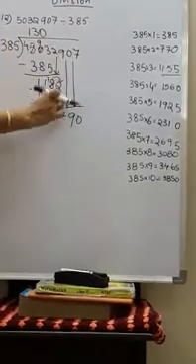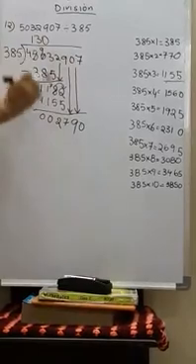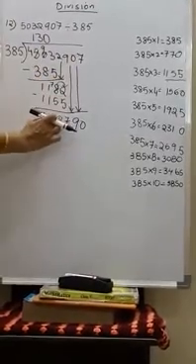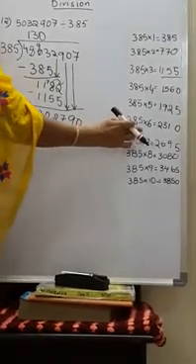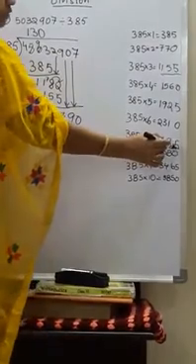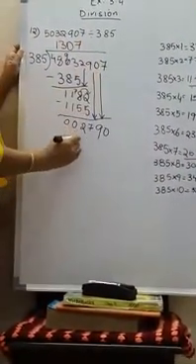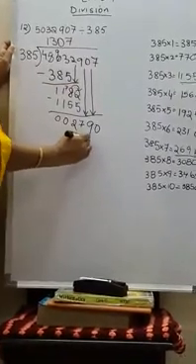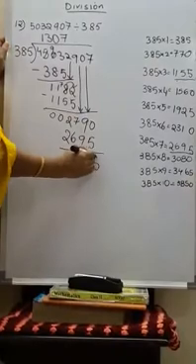Because at a time you cannot bring 2 digits down, so you have to keep the 0. Now 2790. Where is 2790? We don't have 2790 in this table. Now take the nearest value, that is 2695. So 385 sevens are 2695. So 10 minus 5 is 5.